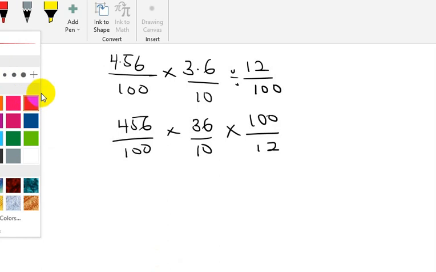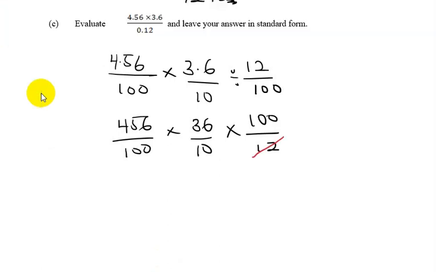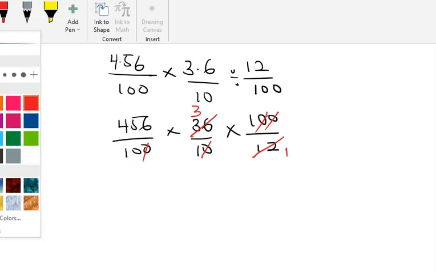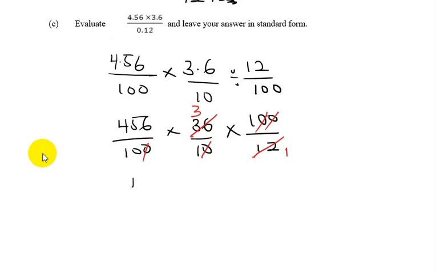So 12 goes into itself 1 time, and into 36 it goes 3 times. Okay, now this 0 will cancel one of these zeros, and the second 0 will also cancel one of these zeros. Is it clear? So we are going to get 456 on 10 times 3, because this side is 1 and this side is also 1 as well.